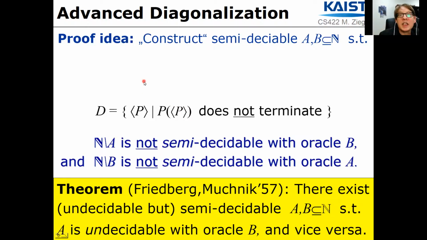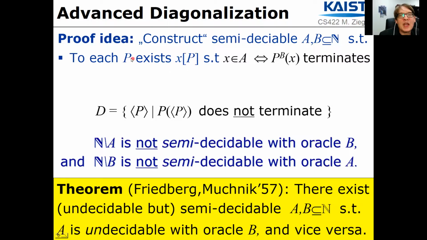And the generalization is now to construct these semi-decidable sets with the following property: for any program there exists an input X such that this input belongs to the first problem if and only if the program with the second problem as oracle on input X terminates. Let me say it again. So for every program there exists an input X to that program, a natural number, which depends on that program.